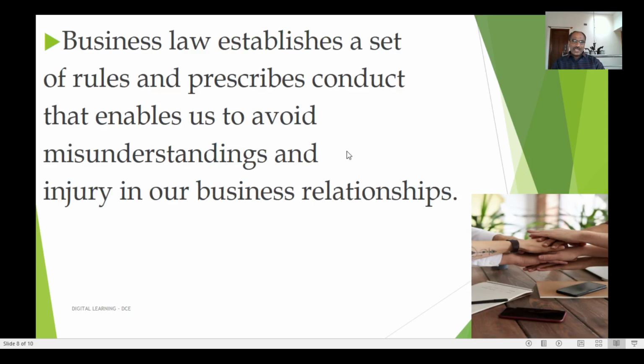For example, if there were no law relating to business, business people would face many difficulties and losses may be sustained.